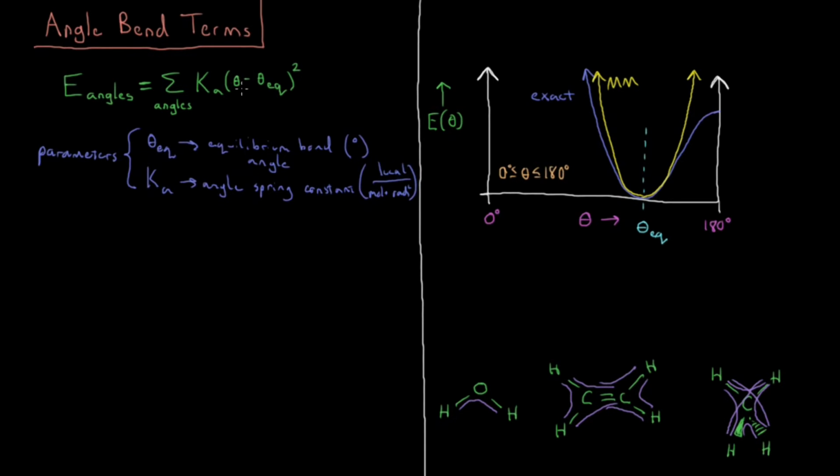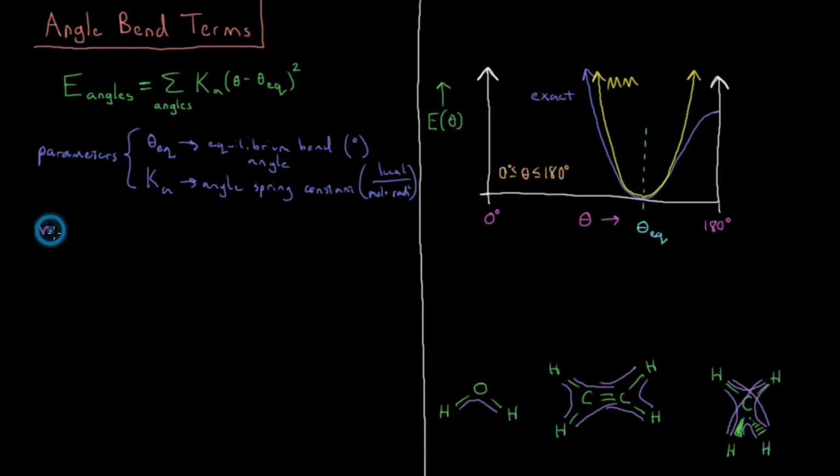So typically you would have theta in degrees minus theta eq in degrees gives you degrees, square that, and then convert that to radians. And then you'd have kcal per mole per radian squared times radian squared gives you the kilocalories per mole for your total energy, and summing over all of the angles as well.